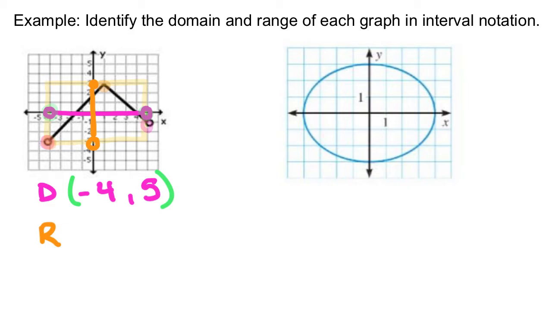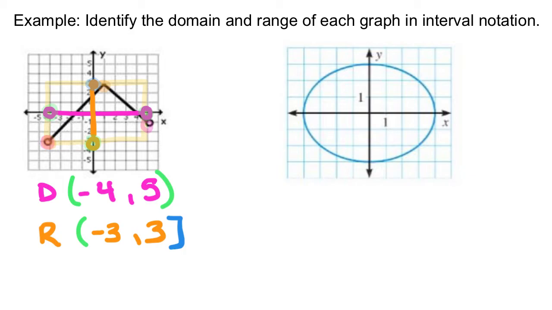So my lowest possible is -3. The highest possible is 3. Since at -3 there's an open circle, I would include a parentheses. And since at 3 there's a closed circle indicating it includes it, I would include a bracket.